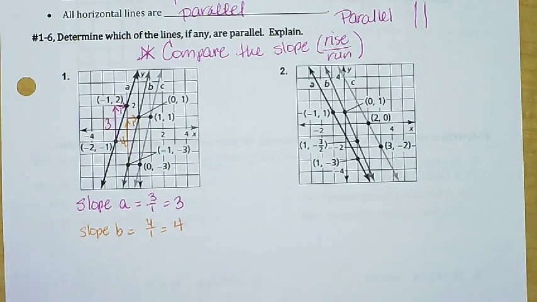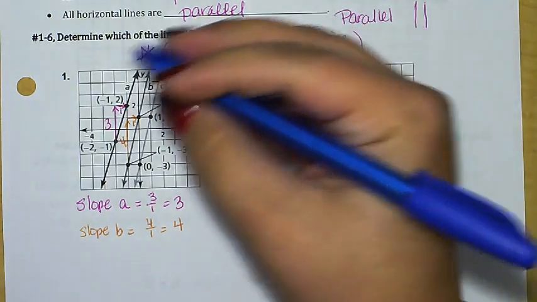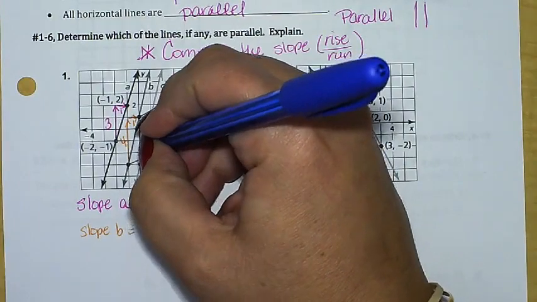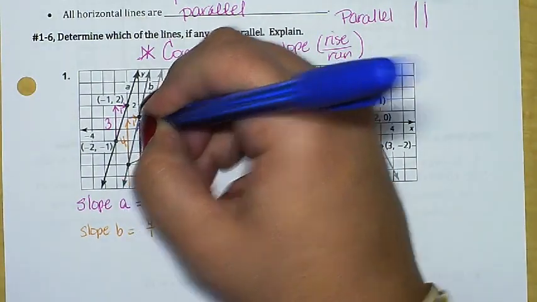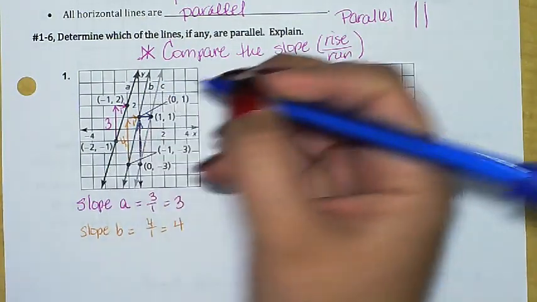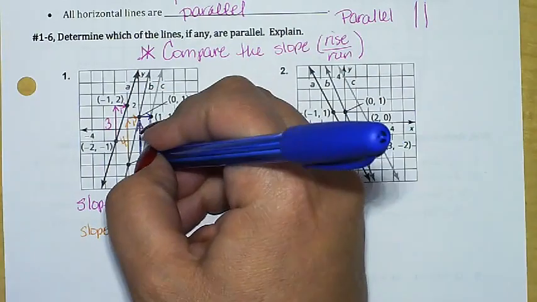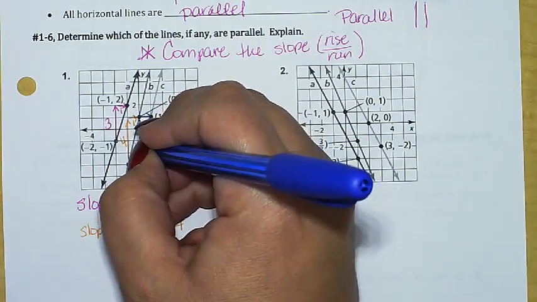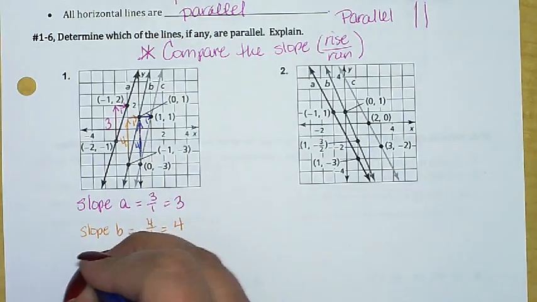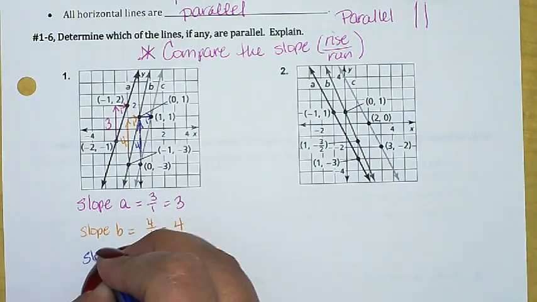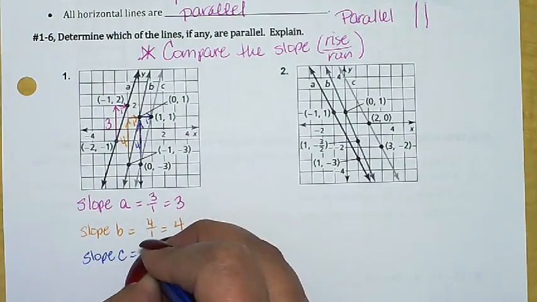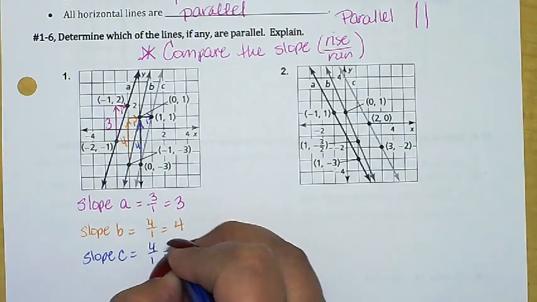Okay. For line C, I have 2 points again. I'm going to check out this rise over run. And it looks like when I go up 4 units over 1 for my slope here, it would also be 4 over 1 or 4.